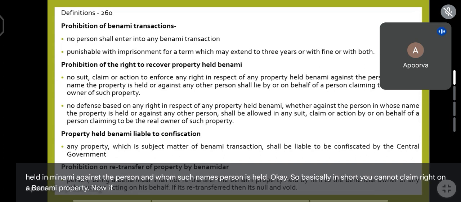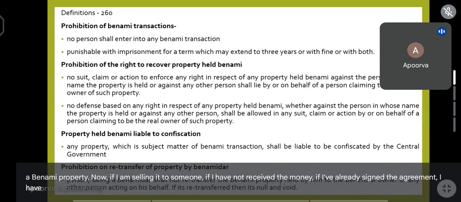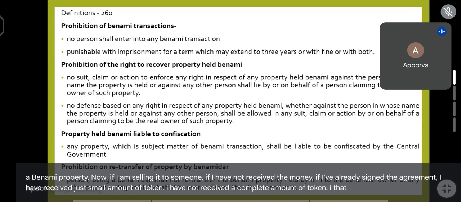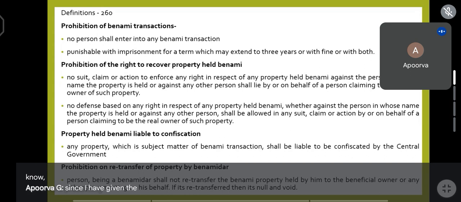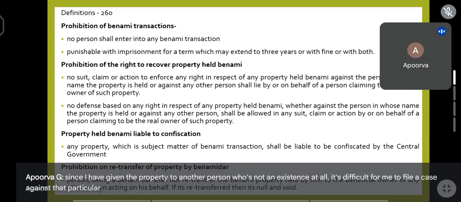Now, if I am selling it to someone, and I have not received the money, I have already signed the agreement, and I have received just a small token amount but not the complete amount, I cannot file a case, because the person is fictitious. There is no person in existence, and since I have given the property to another person who is not in existence at all, it is difficult for me to file a case against that particular person.